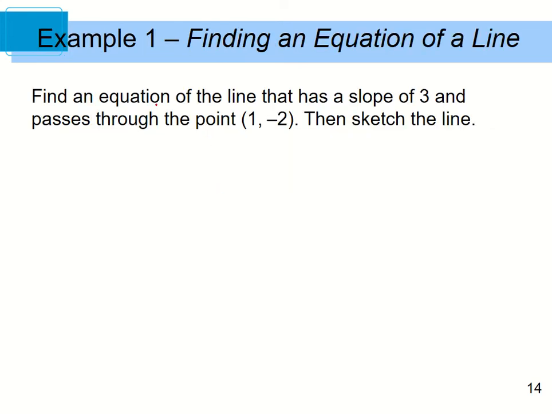Find an equation of the line that has a slope of 3 and passes through the point (1, -2), then sketch the line. For this question, we can see we have the slope is 3, and we have 1 point, 1 and negative 2.